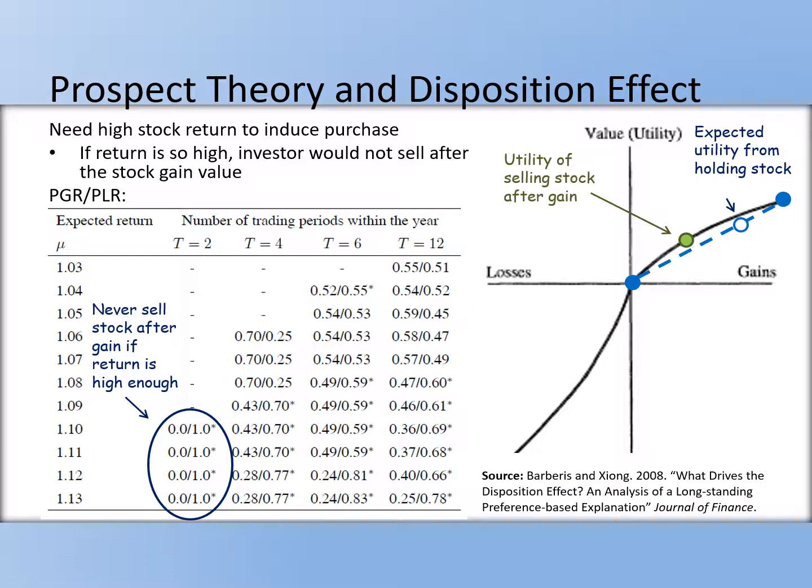The reason is, if you look at this model, and imagine that you are here. Now, because the stock return is not symmetric, the amount you lose is not the same as the amount you gain.